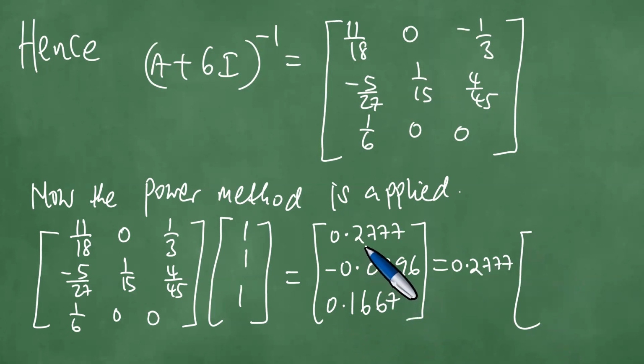Factoring it out because it's the biggest one here. So you factor the biggest one amongst the entries. You divide each of these by 0.2777, and that gives minus 0.1067, 0.6000.